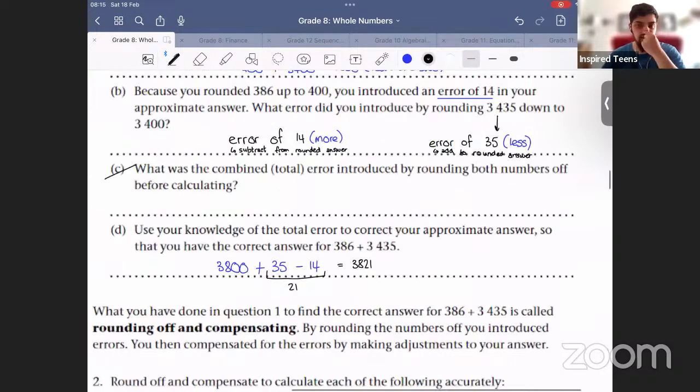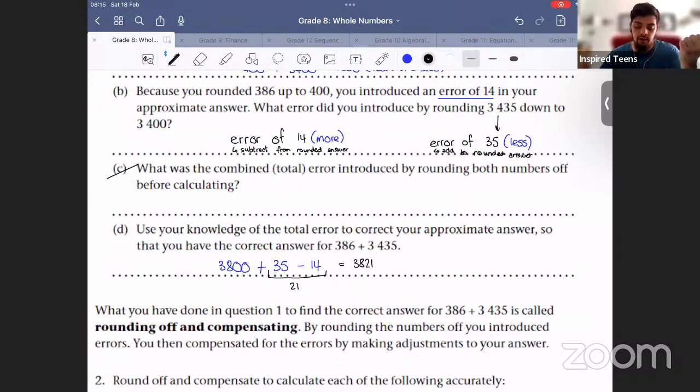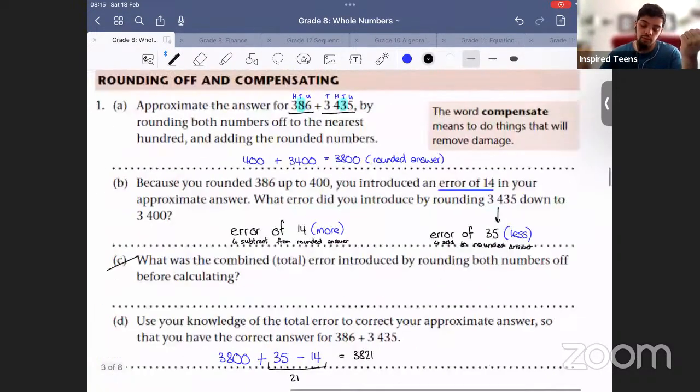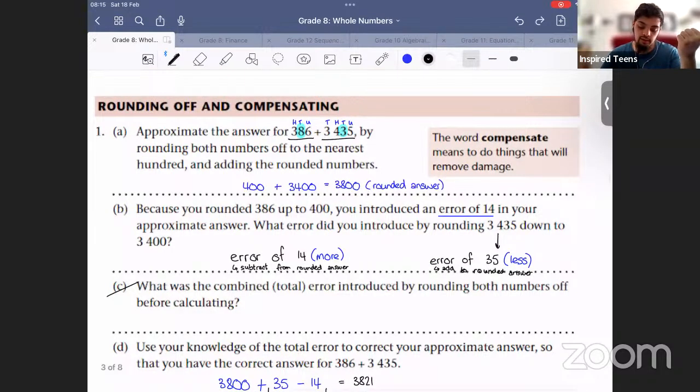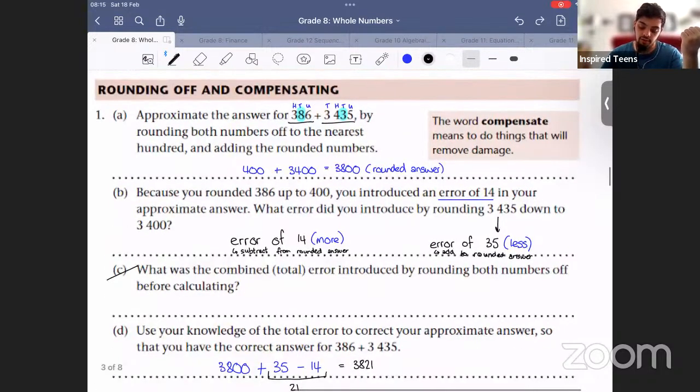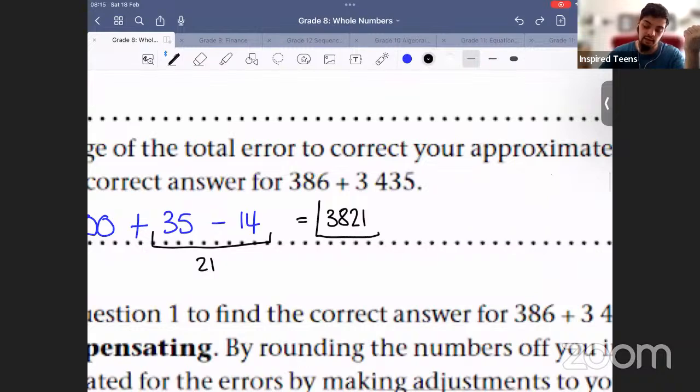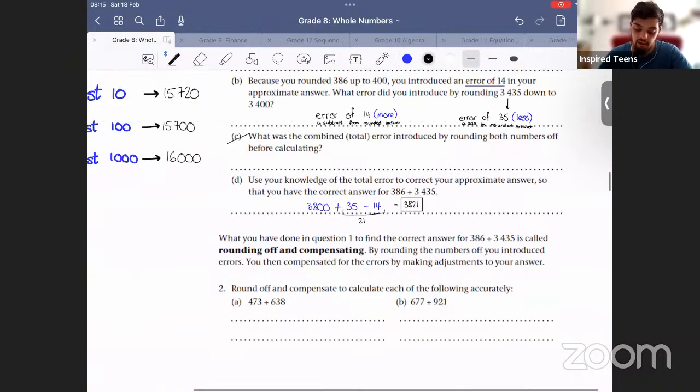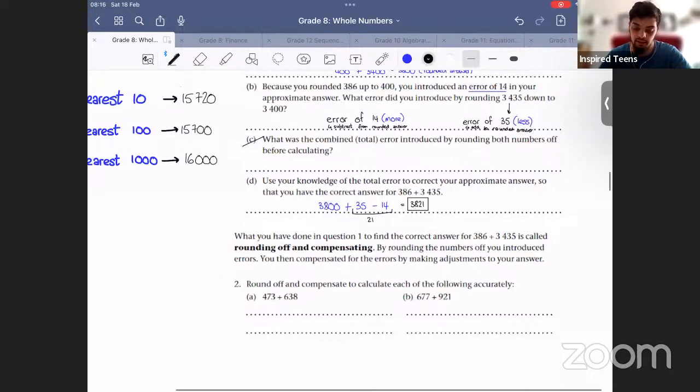That's what we did in this case. We added the 35 that we took out by rounding off, and we subtracted the 14 that we added by rounding off. And now we have the exact answer of 386 plus 3435. Here are some other examples that you can try on your own.